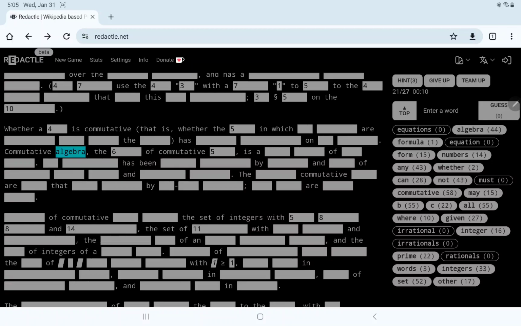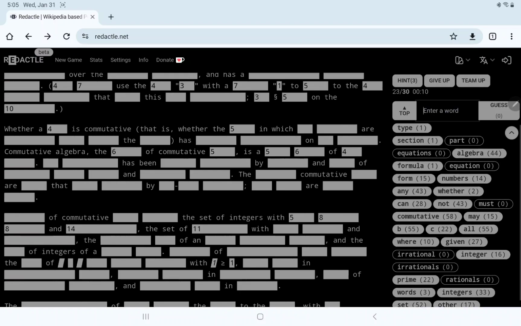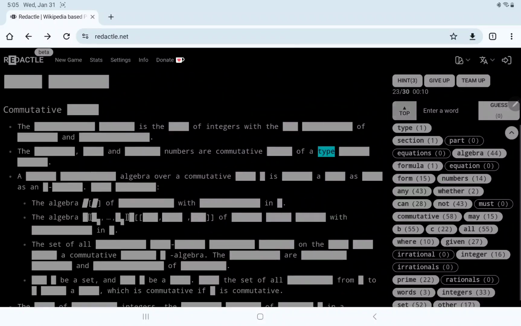The something of commutative 5 is a something, or not section, is a no, let's try part, type, or commutative 5 of a type 6, 6.